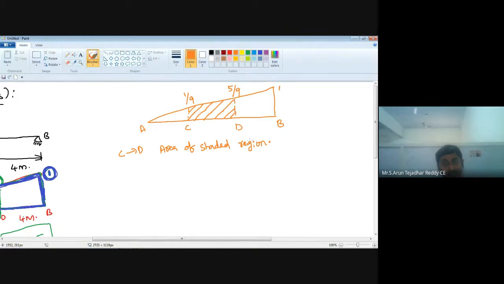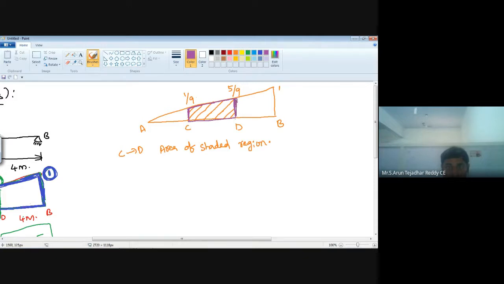But now the load is acting throughout C to D. So if you observe clearly, C to D means the total area of this region.